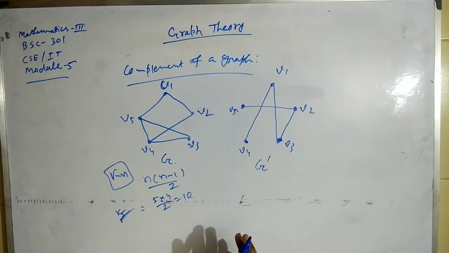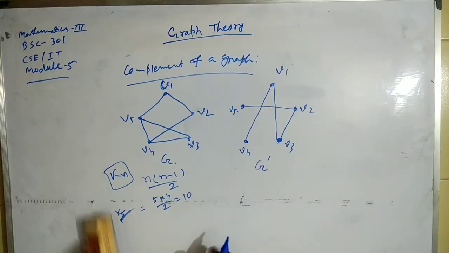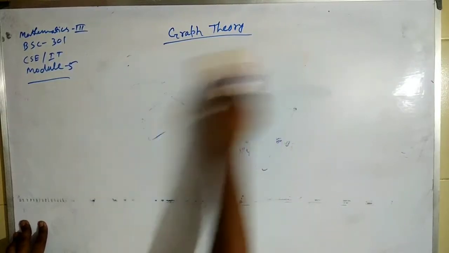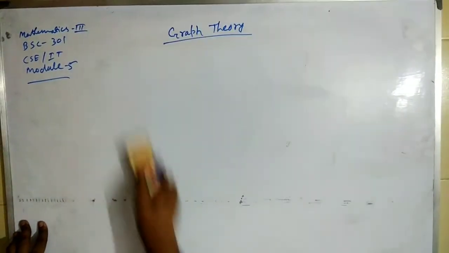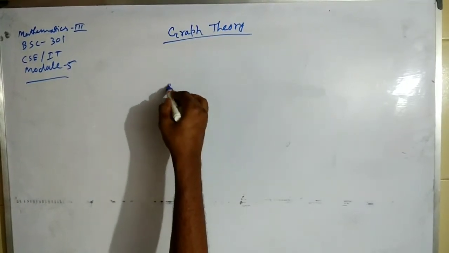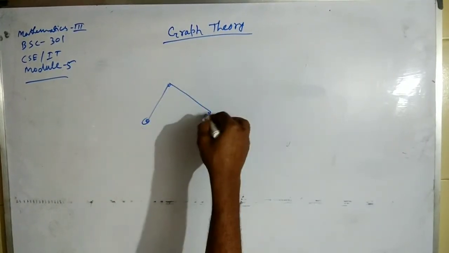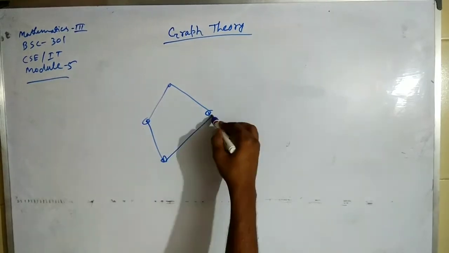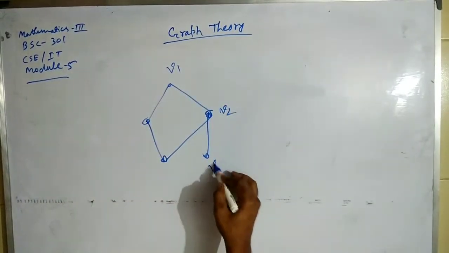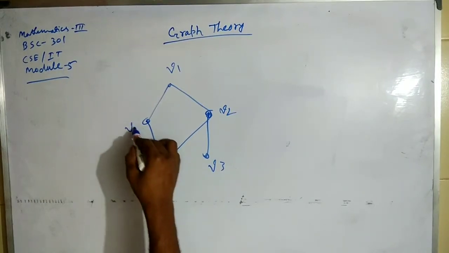So the next point I will tell you is deletion of a vertex. If we delete a vertex from a graph, what is the result? Suppose the graph is like this: V1, V2, V3, V4, V5.